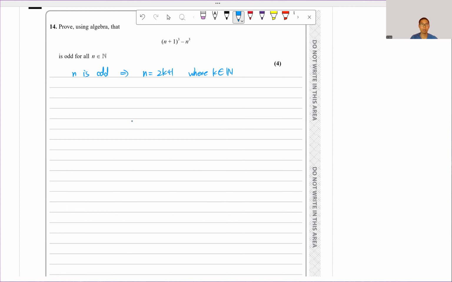We substitute in, we have (n+1)^3 minus n^3 should be equal to (2k+1+1)^3 minus (2k+1)^3. So in that case, that would be (2k+2)^3 minus (2k+1)^3.